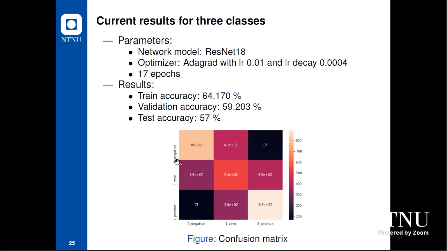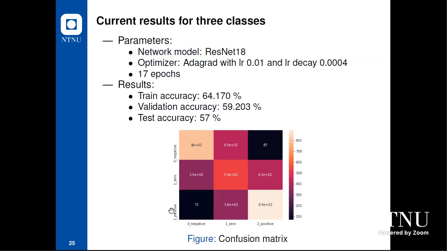The reason why you see 0 negative, 1 zero and 2 positive is not to create confusion. It is just because I wanted to order the three classes, because right now I use cross entropy as the loss function, which doesn't care about the order of the classes. But one of the possibilities I was thinking about was to give a different loss depending on the distance.